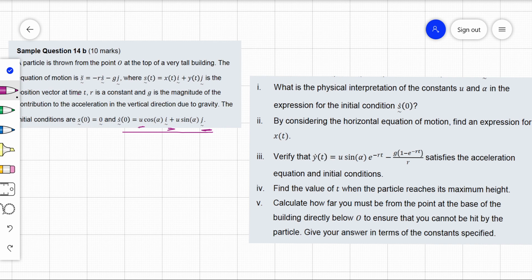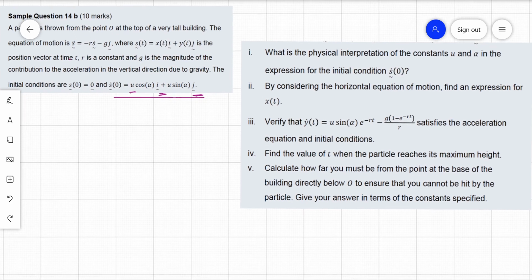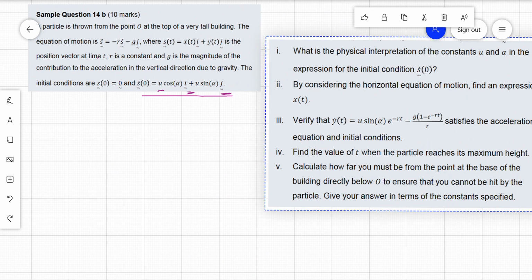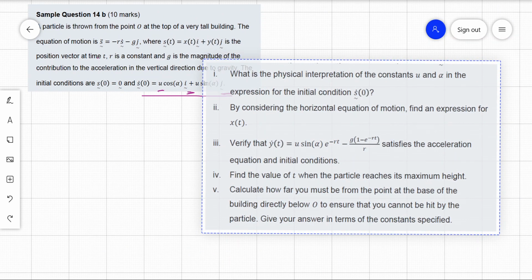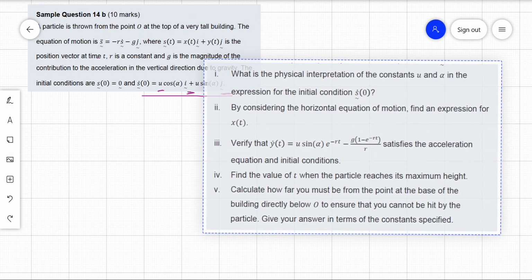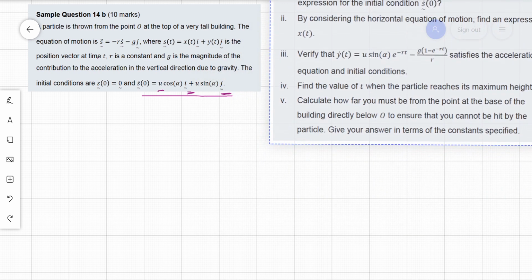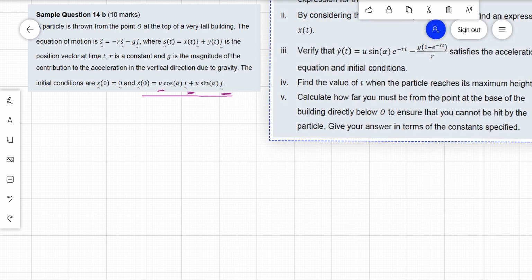All right, so let's move that up. So part 2, we're going to consider the horizontal equation of motion and find an expression for x of t. So we're looking at the horizontal, consider the horizontal equation of motion.